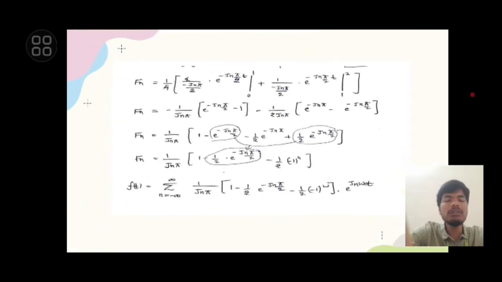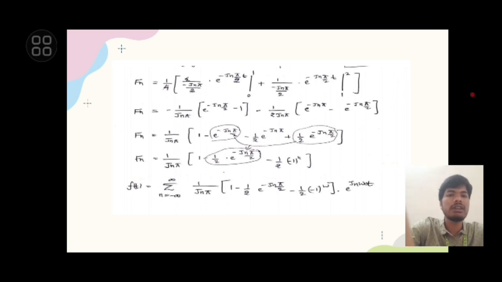After substituting that formula in the above equation, F n equals 1 by 4 into 2 by minus j n pi by 2 into e power minus j n pi by 2 t, limits 0 to 1, plus 1 by minus j n pi by 2 into e power minus j n pi by 2 t, integral 1 to 2.